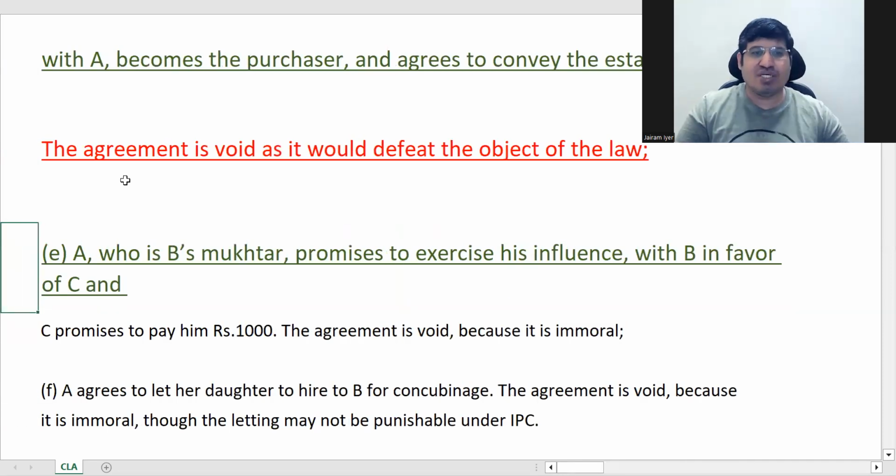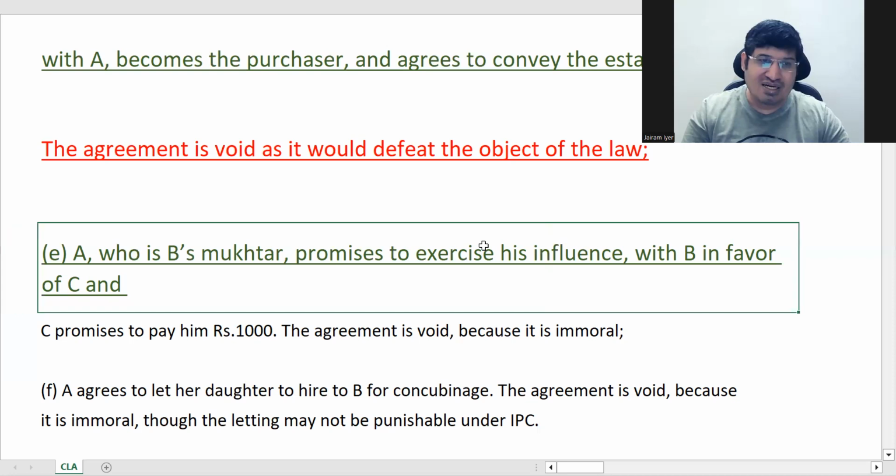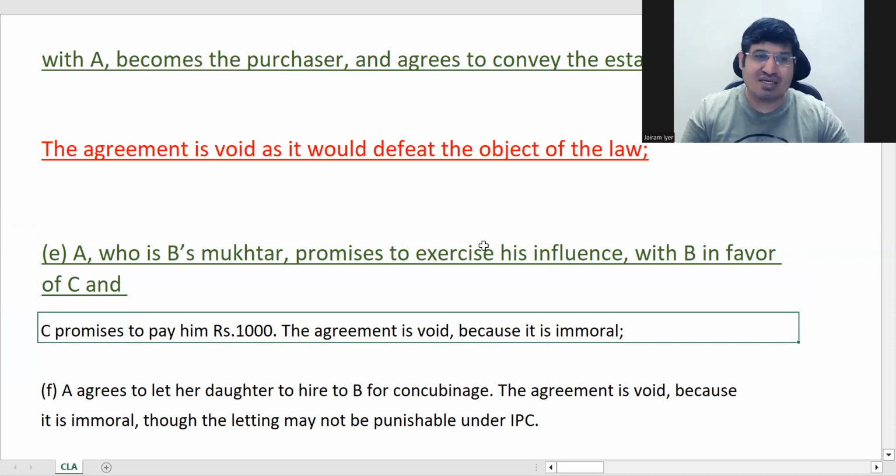So A, who is B's Mukhtar, promises to exercise his influence with B. So B is the Sarpanch, and he will have some influence on all the villagers, correct? The Sarpanch has some authority over the villagers. He says that he will exercise his influence on the villager, and then he takes some money from another person.